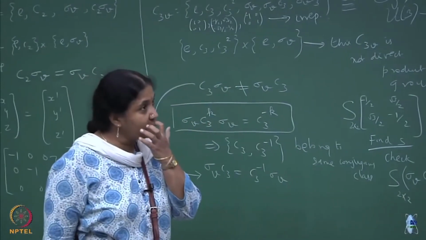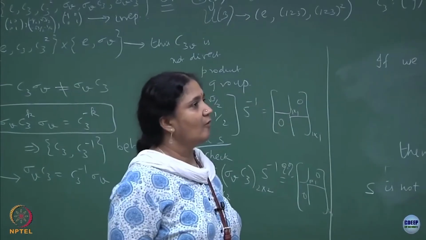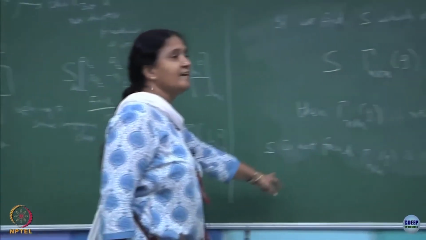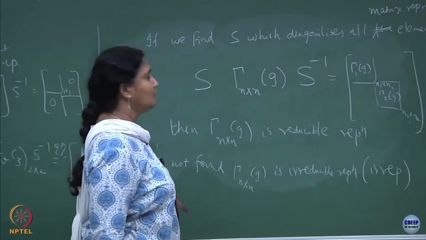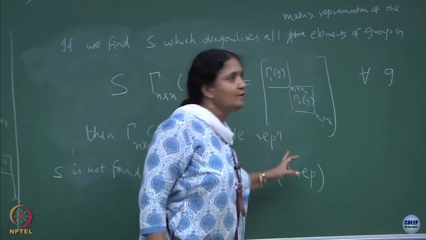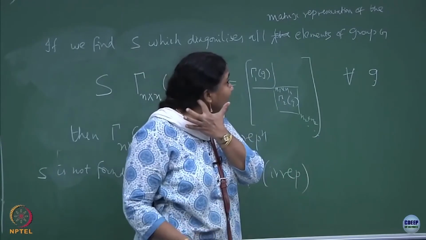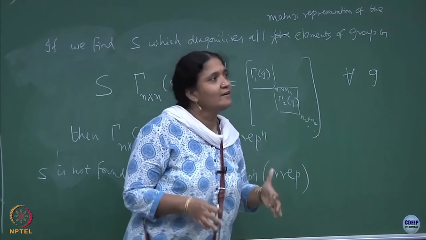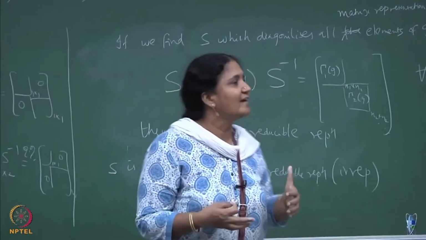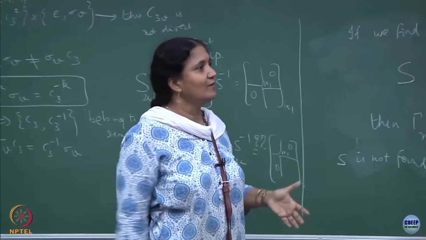this 2-dimensional matrix representation is an irrep, or in other words I cannot find an S which will block diagonalize it. Block diagonal has no meaning in 2 dimensions, it should become completely diagonal, and one of the ways to see it is that it is non-abelian. You cannot simultaneously diagonalize all the elements of a non-abelian group, that is another way of arguing.